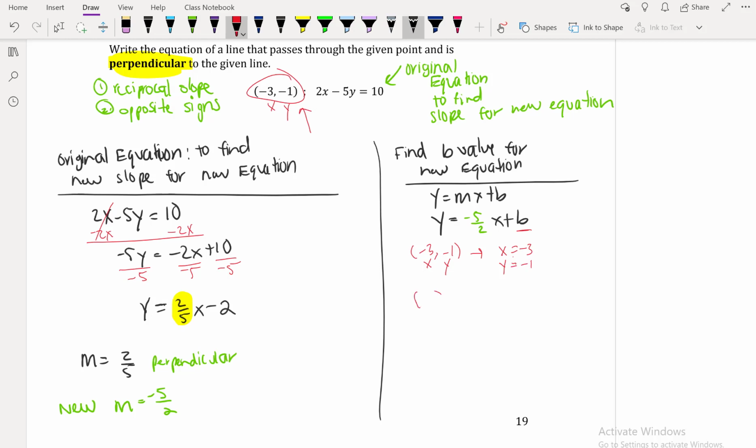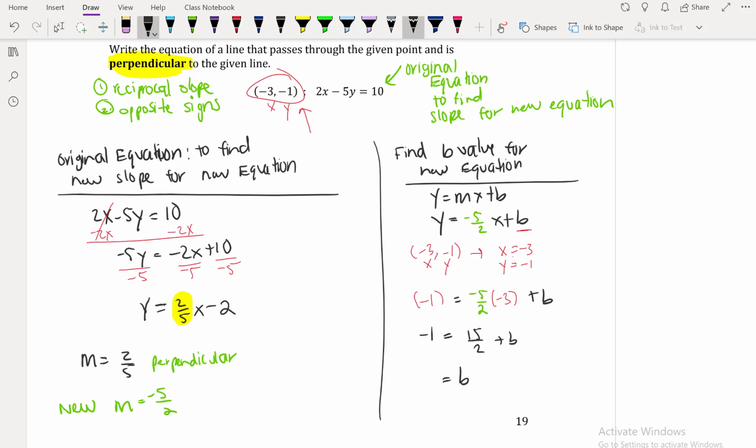So I have y is equal to -5/2 x plus b. That y value that I'm plugging in is -1, and the x value is -3. So now I have -1 is equal to a positive 15/2 plus b.